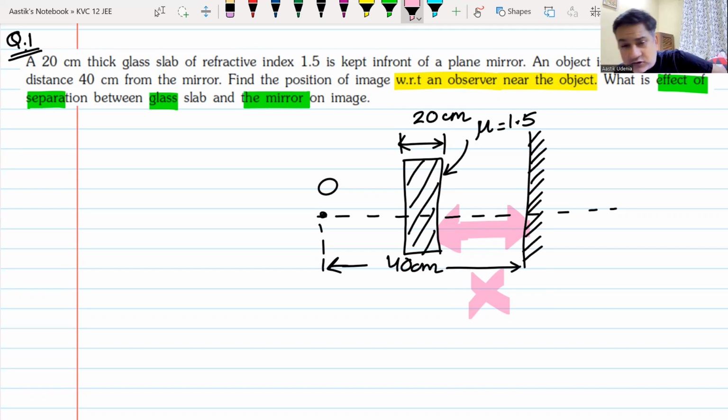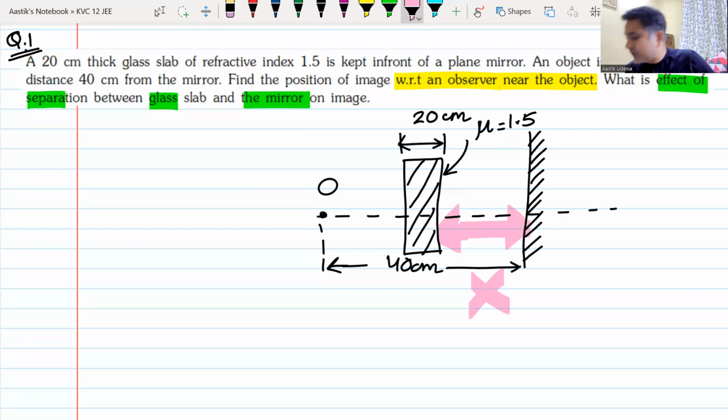But what happens because of this glass slab? Sir, the distance 40 centimeters changes. Yes or no? The object does not appear at 40 centimeters. Will the object appear closer or will the object appear farther?